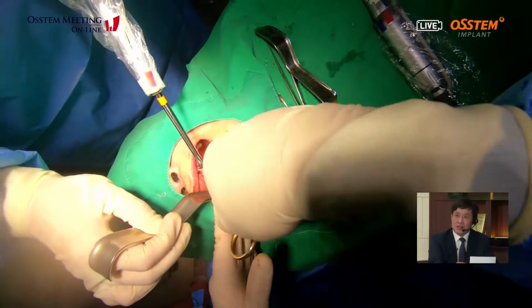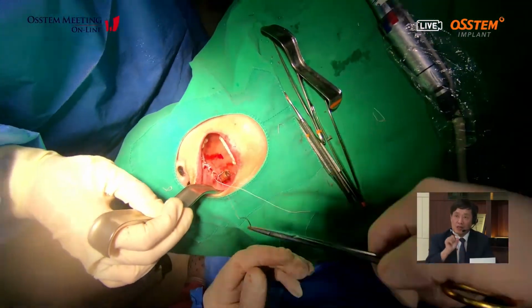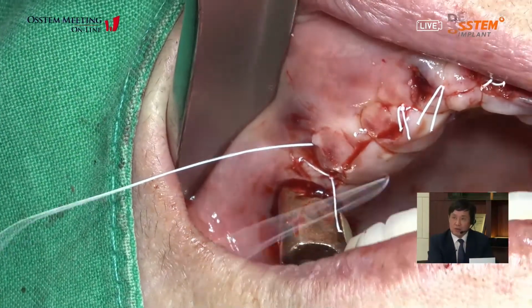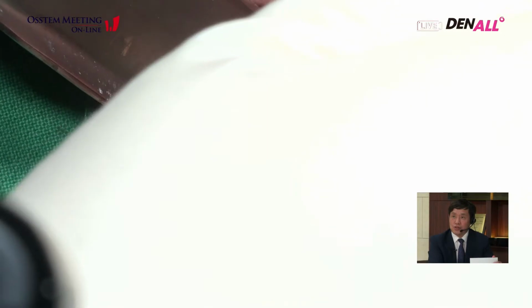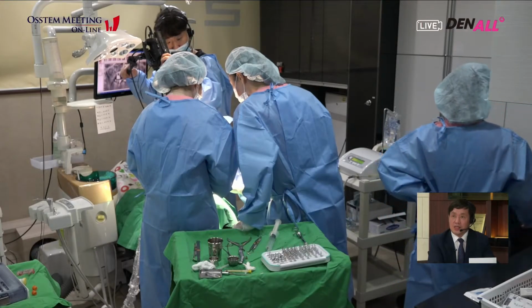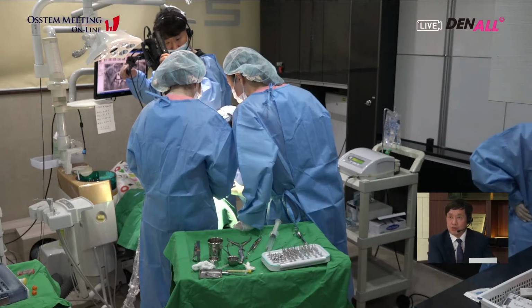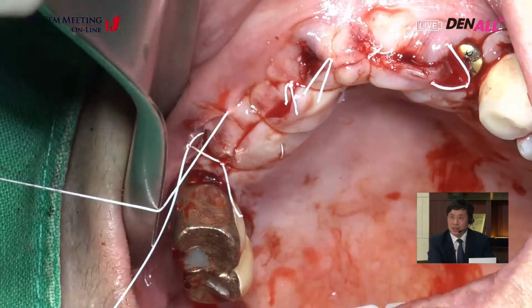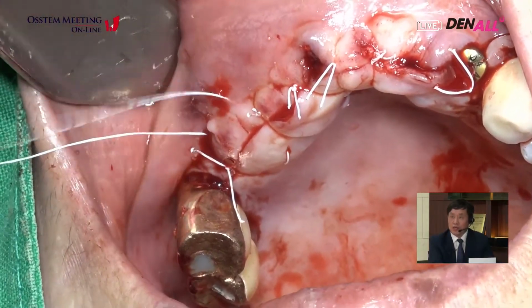He did the sutures of the central area first. After that, both side areas for the key suture, and after that you can see the good approximation of the flap. After that, the interrupted sutures of the remaining areas.